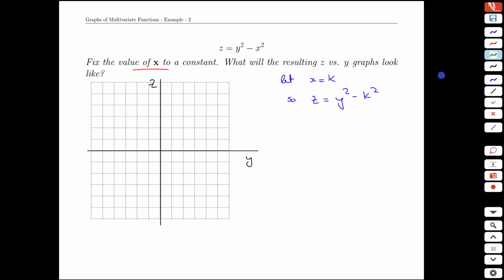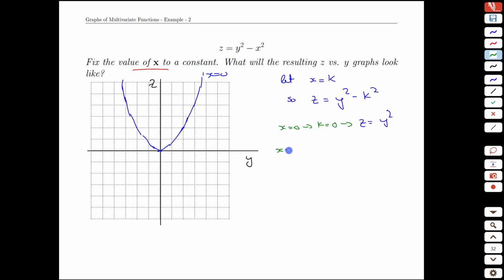Well, if we have x equals 0, k equals 0, then we get z equals y squared minus 0. Oh, well, that's just a nice parabola. That's our classic, traditional, straight out of one variable calculus parabola shape. What happens as we increase our x, though?